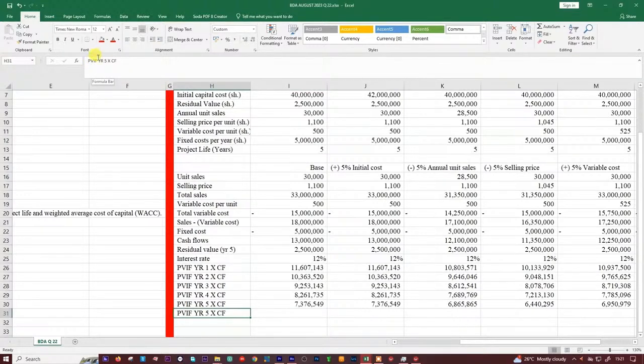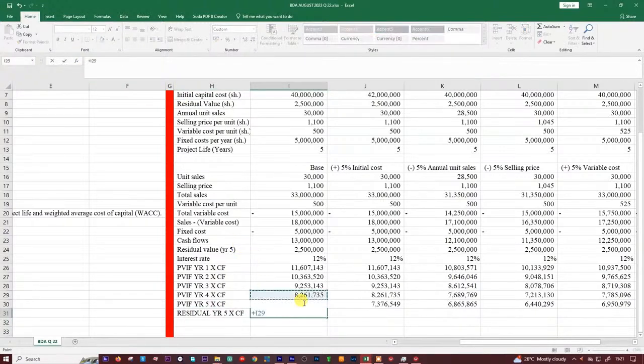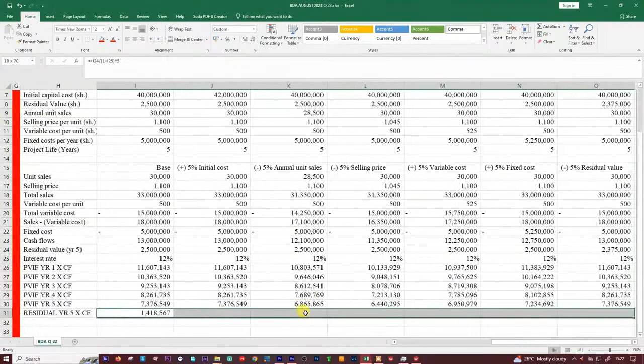I should change this, enter. And we're saying that the residual value was that one over 1 plus that value, power 5. Please note it's power 5 because there's a cash inflow that is coming in at the end of period 5. Just to confirm that it's okay. Yes, that's okay.